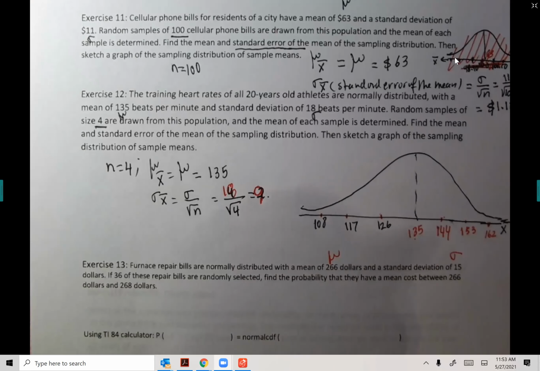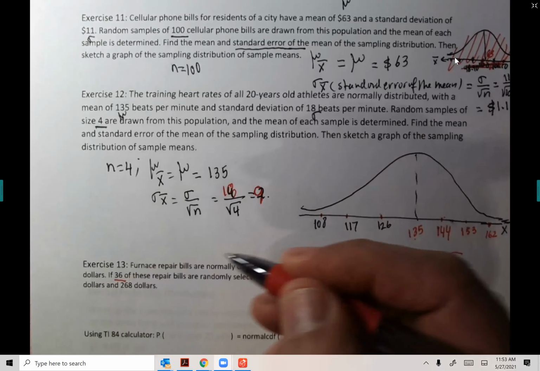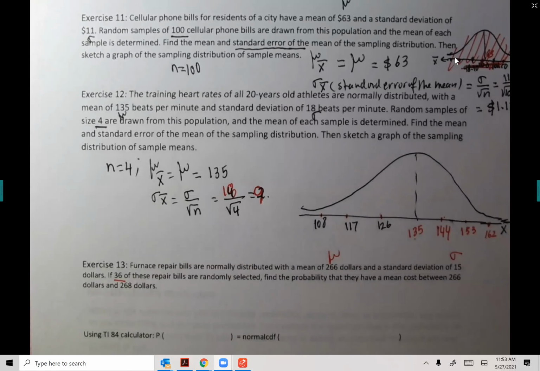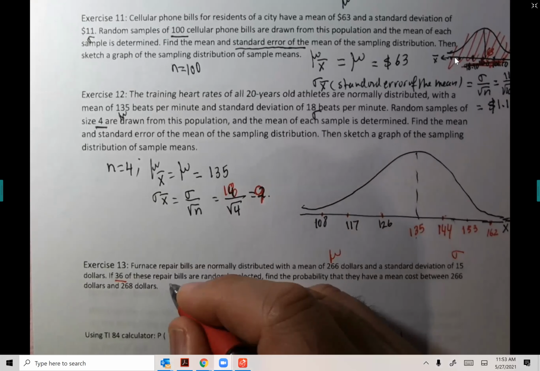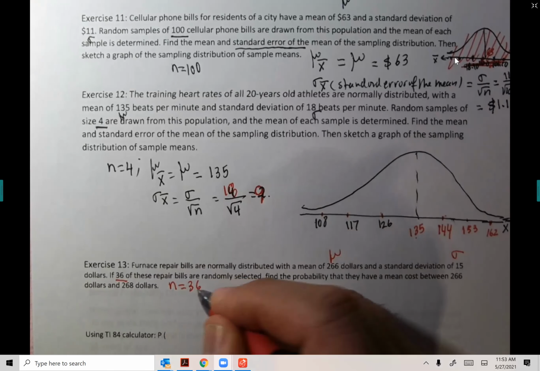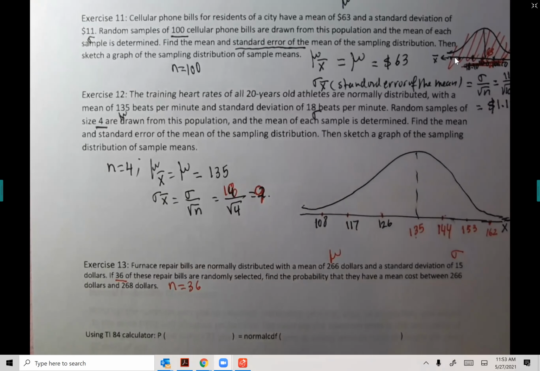If 36 of these repair bills are randomly selected, you see now we have a sample size of 36, so n is 36, guys. What is the probability that they have a mean cost between $266 and $268?